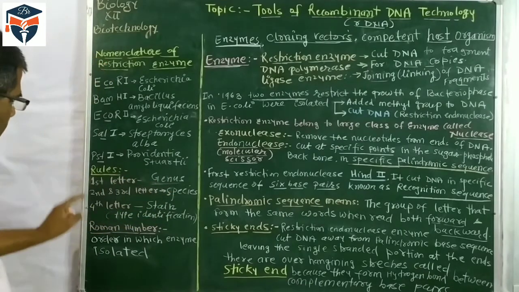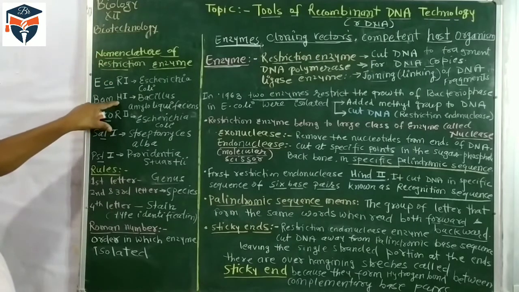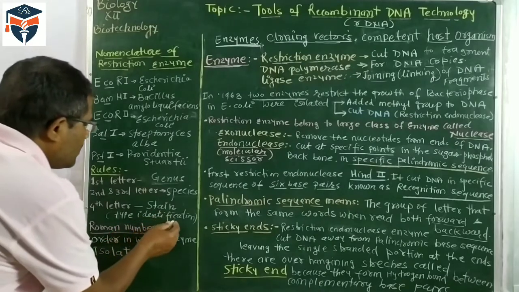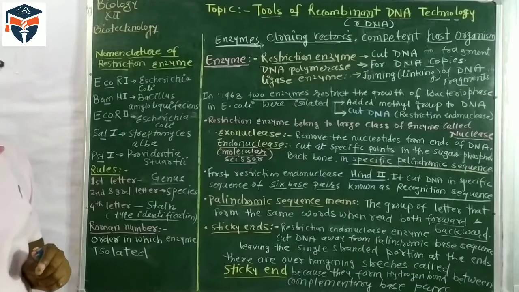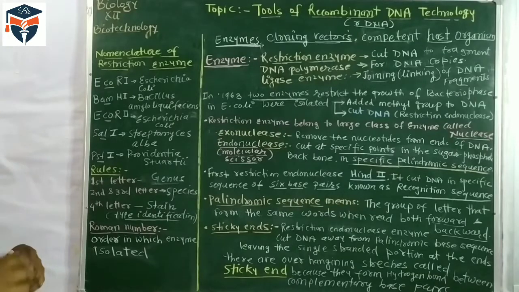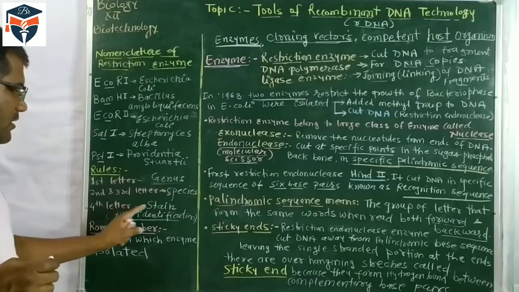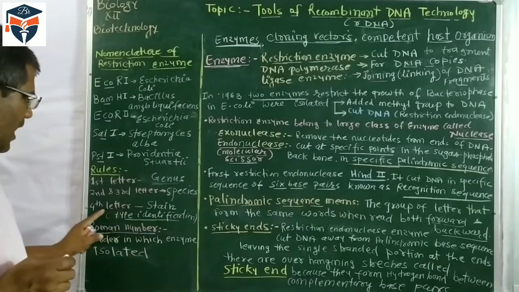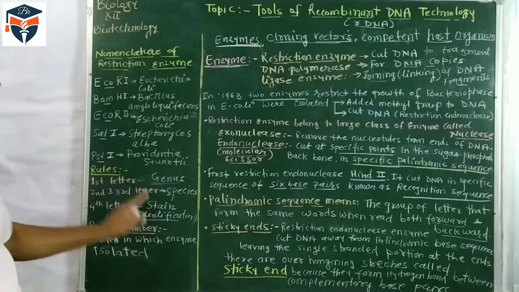Then the fourth letter, here R, here H, here R, indicates the type of identification. It means which type of strain is present, and the fourth letter indicates the type of strain.